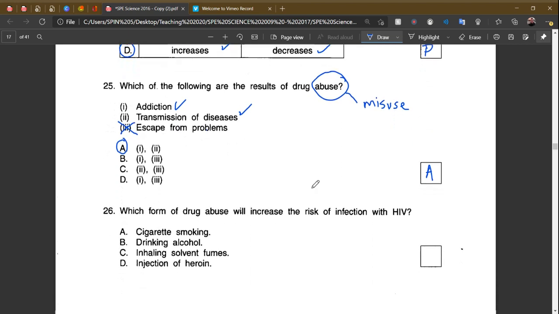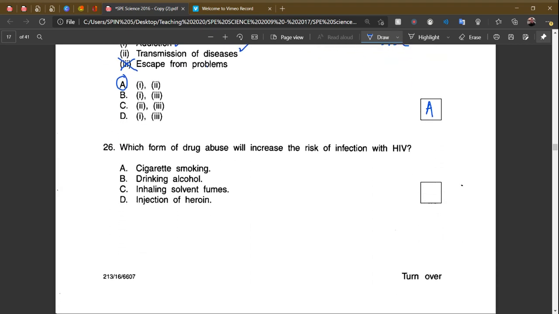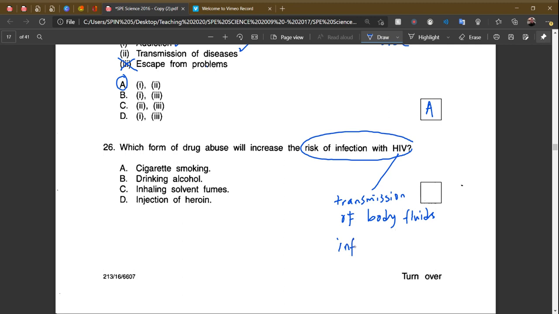Number 26. Which form of drug abuse will increase the risk of infection with HIV? So again, HIV you get from transmission of body fluids, and usually this happens through an infected needle.